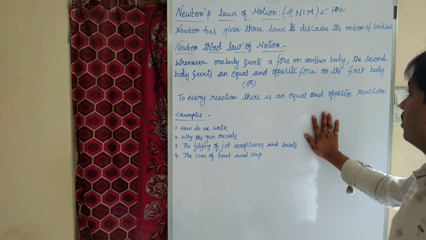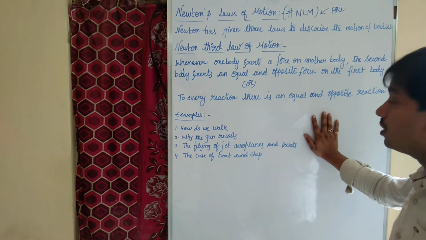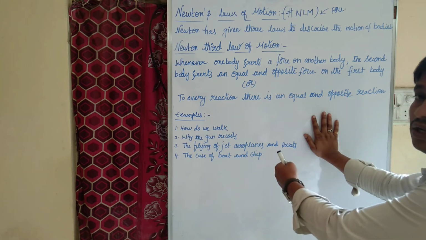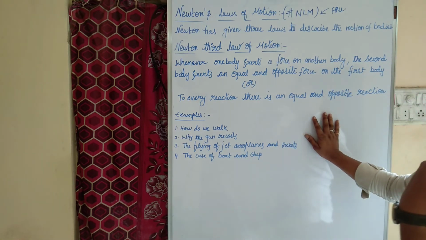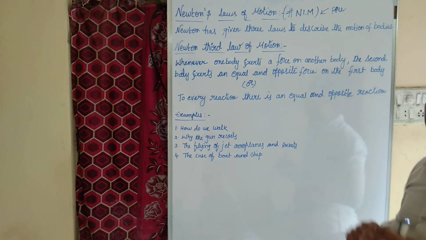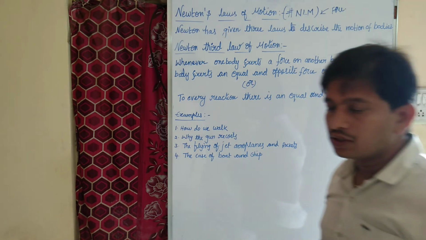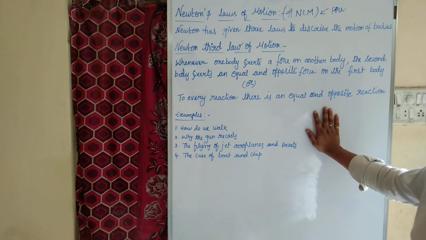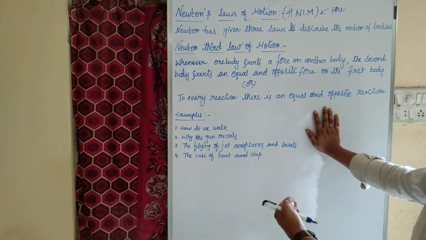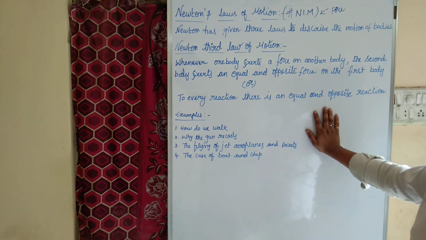Applying a force on the second body is called action. And what is the reaction? The second body is also exerting the same and equal force on the first body. The second body exerting a force on the first body is called reaction, right?